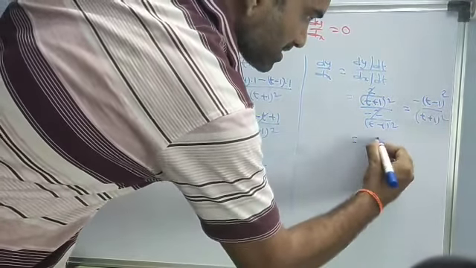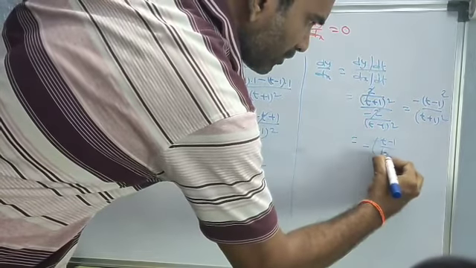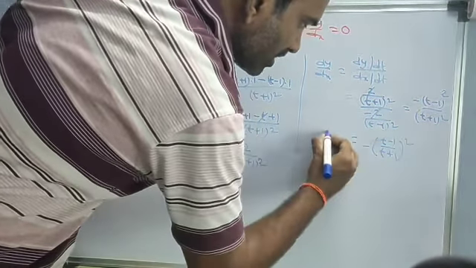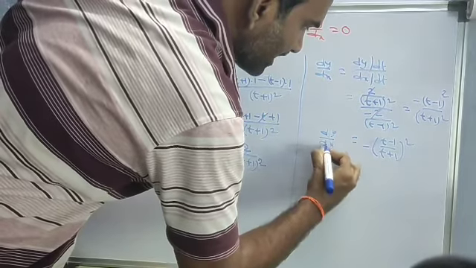So I can write minus of ((t minus 1) by (t plus 1))². So this is the dy by dx value.